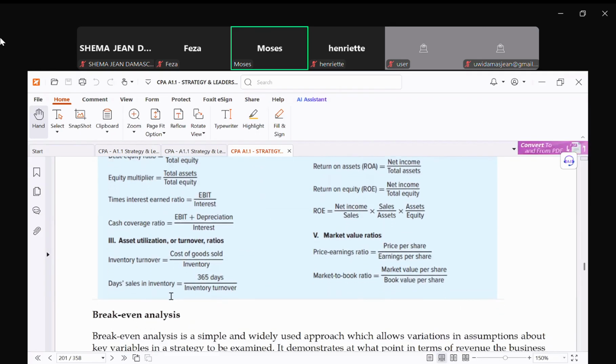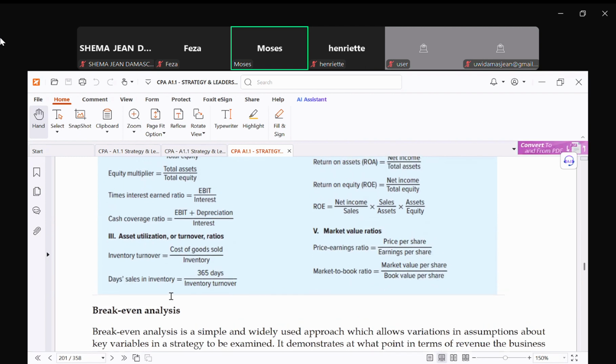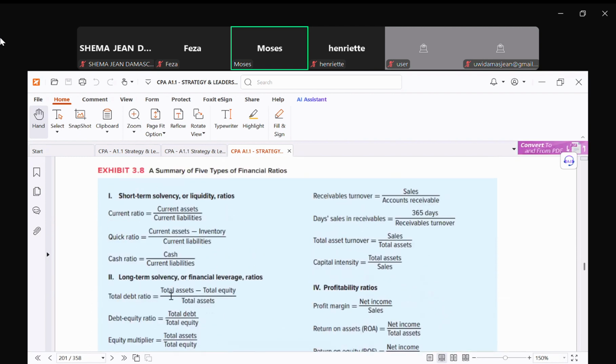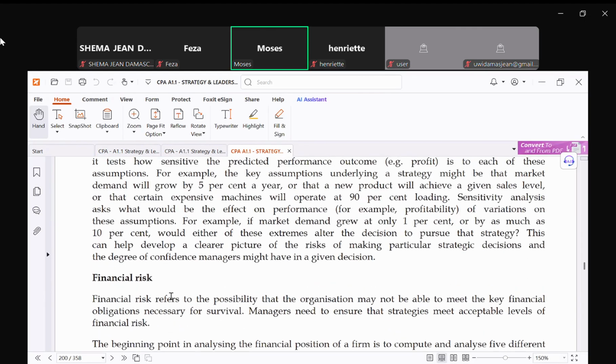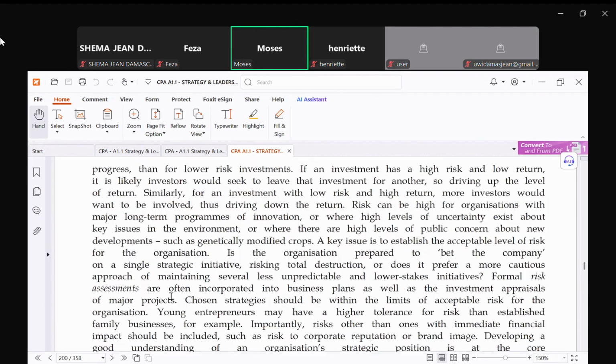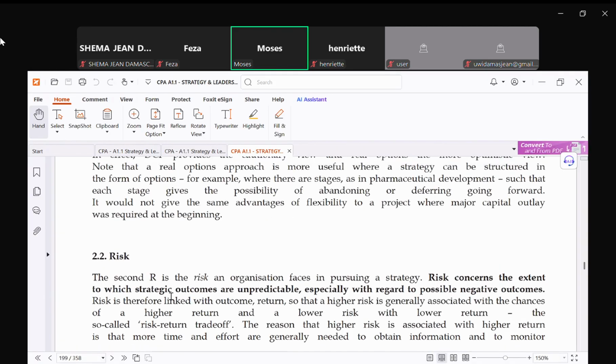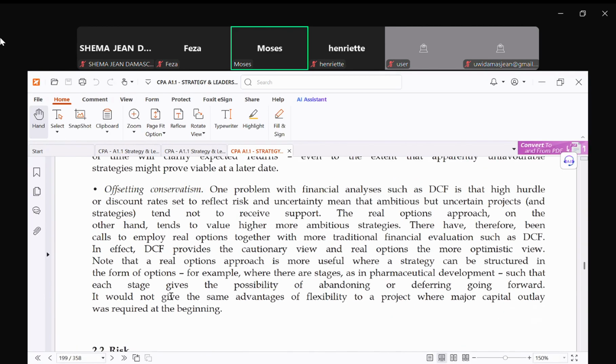Then you might be asked to answer something like that and advise whether this is acceptable or not. So that's a question.